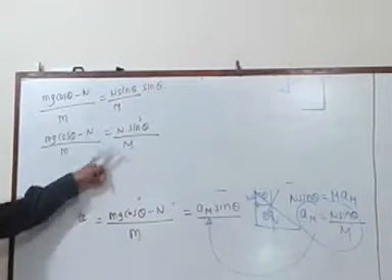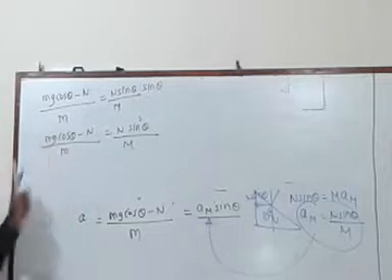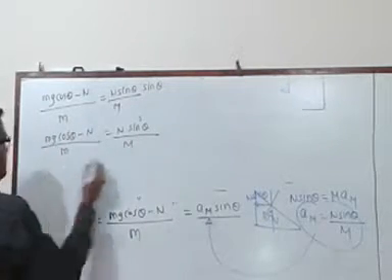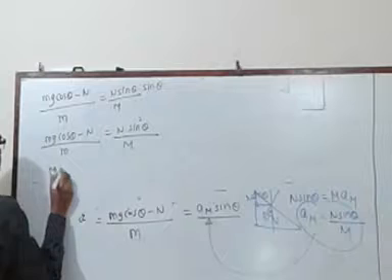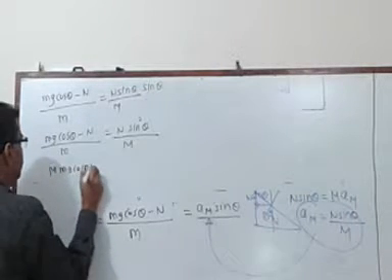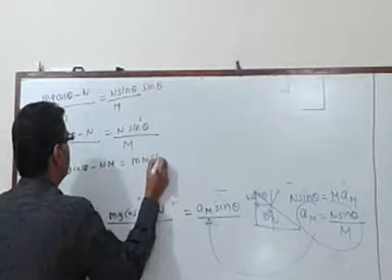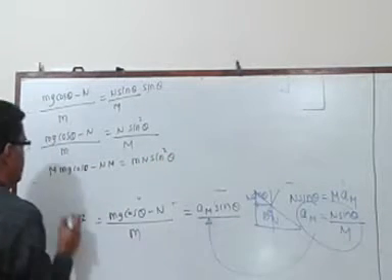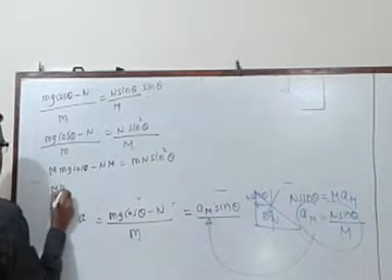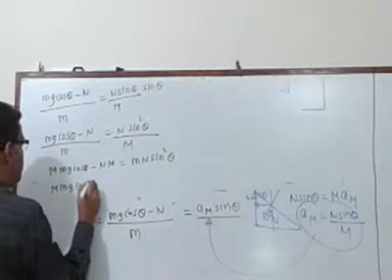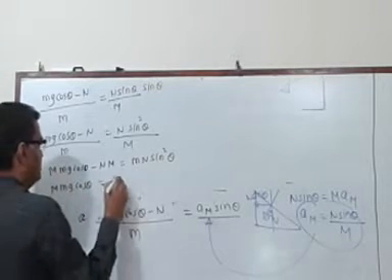Now we are going to, of course, cross multiply and try to get N on one side. That gives me capital M mg cos theta minus MN is small m into N into sin square theta. That is capital M into small m into g cos theta. Let me take it on this side.